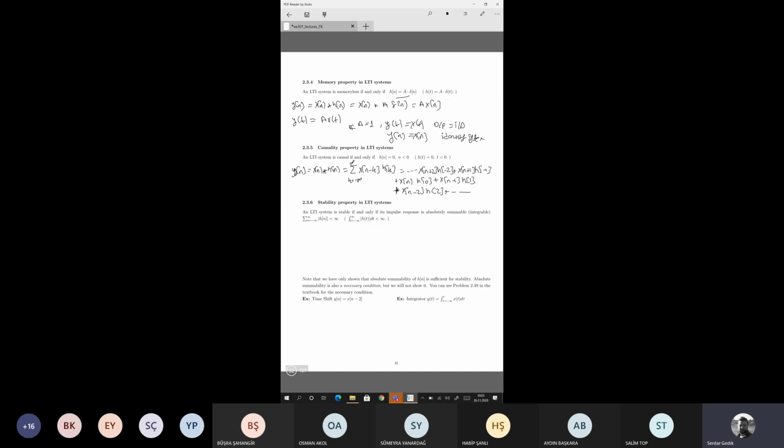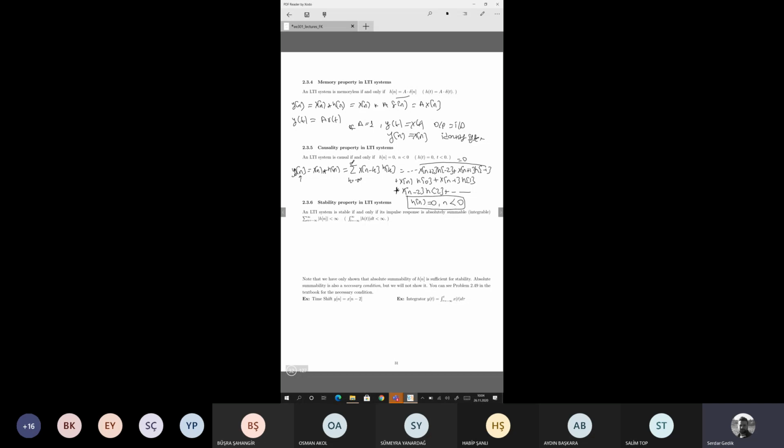So what do I need? If I have a causal system, to find y[n], I can only use x[n] and previous x samples. So I cannot use those terms, because they require x[n+2], x[n+1], x[n+3] in order to calculate y[n]. So those must be 0 in order to avoid needing future terms to obtain y[n]. So h[n] must be 0 for n less than 0 for a causal system.